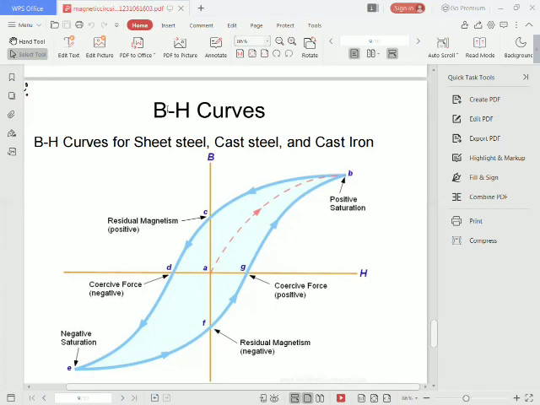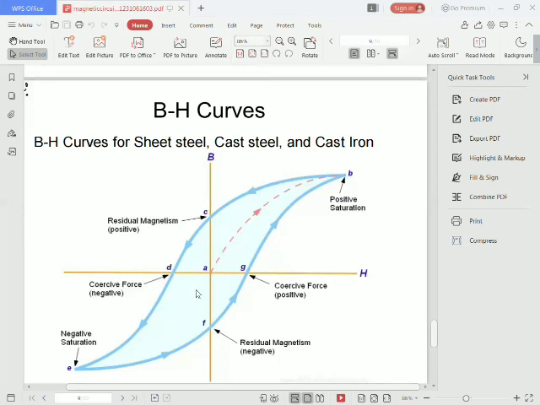The BH curve of the figure is described by dividing it into three regions. Region 1: for zero current, H is equal to 0 and B is also 0. The flux density B then increases gradually as the value of H is increased. However, B changes slowly in this region.